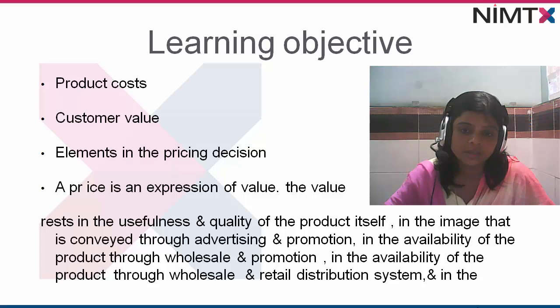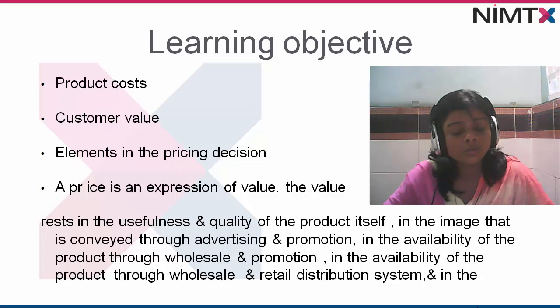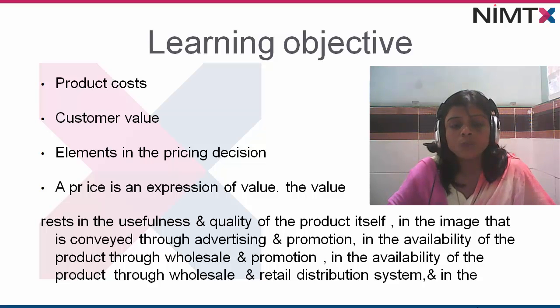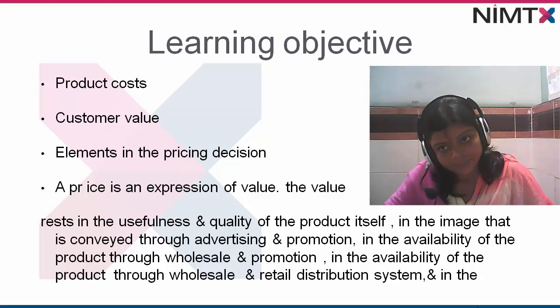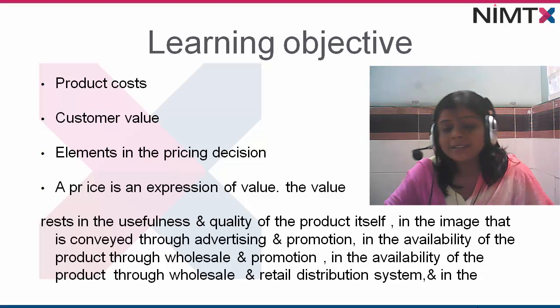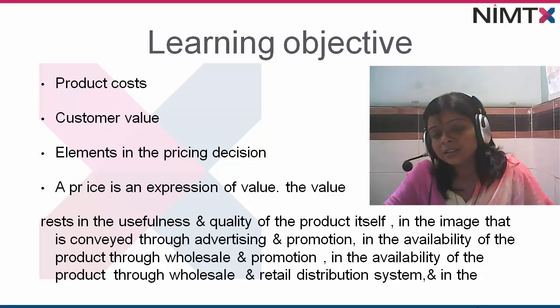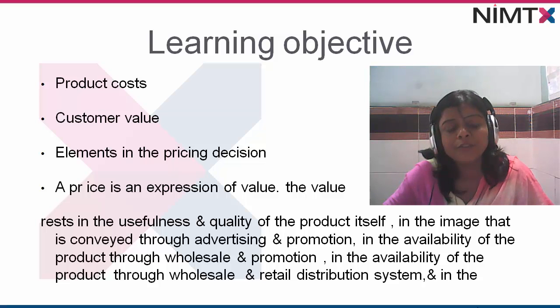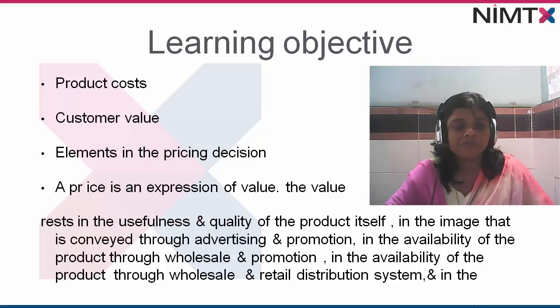When you want to fulfill your need, you want to fulfill your want, then the demand will come out, the market will come out, and the offer which fulfills your need, your want, that will be a product. That is the first P of the marketing mix.